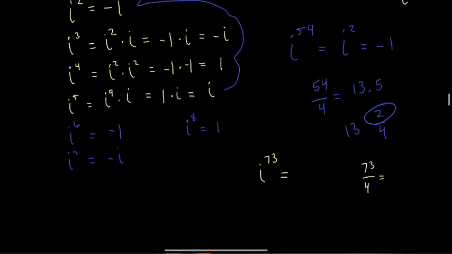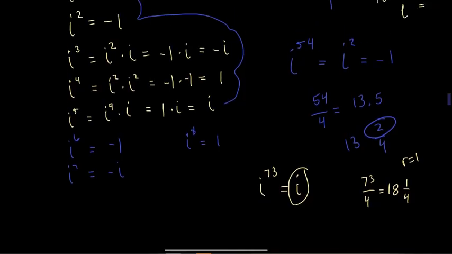So 73 divided by 4 is 18 1/4, so the remainder is 1. So this is equivalent to i to the first power, or just i. Because the remainder is 1/4. It was 18.25 when I divided it out. So that's how you can figure out what they're equivalent to for really super large powers of i.